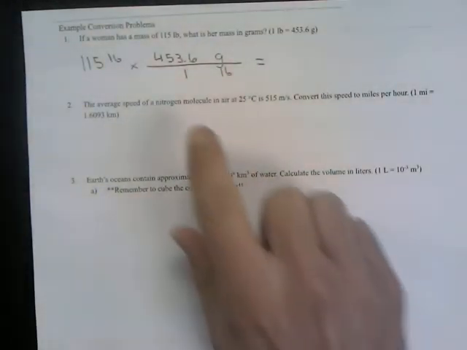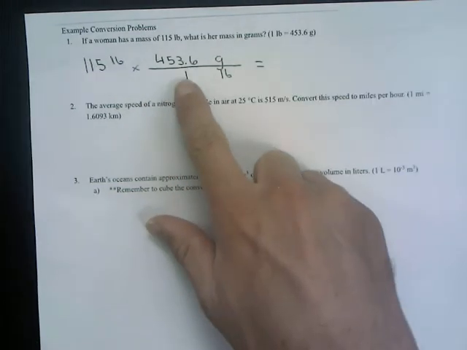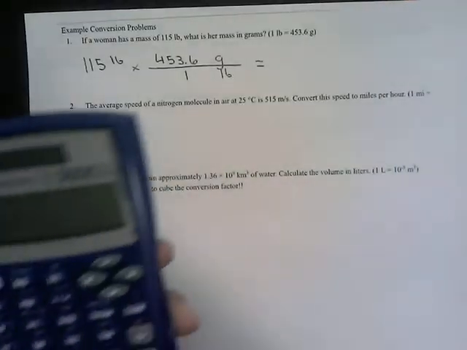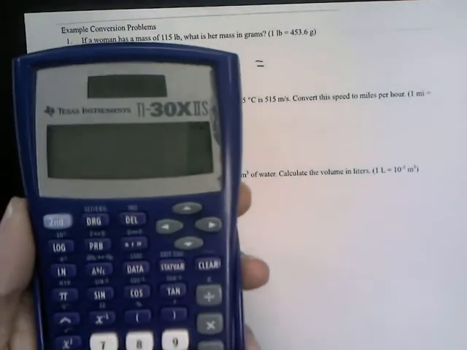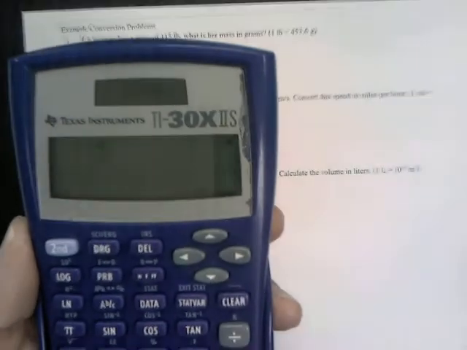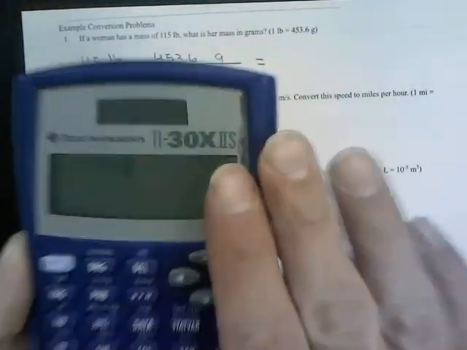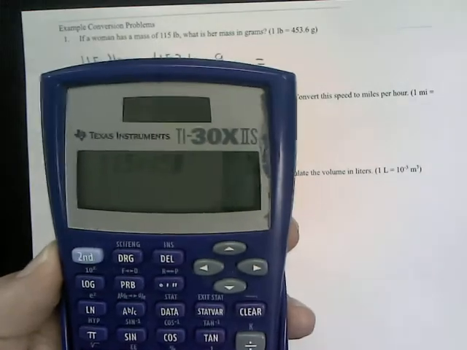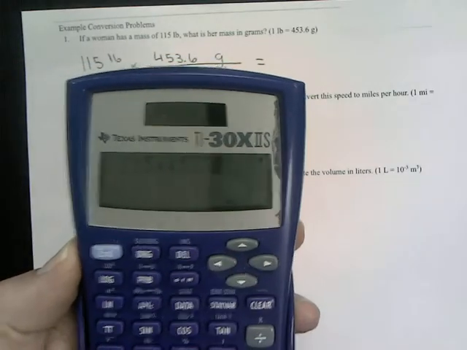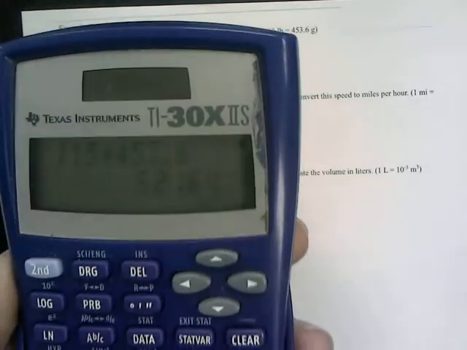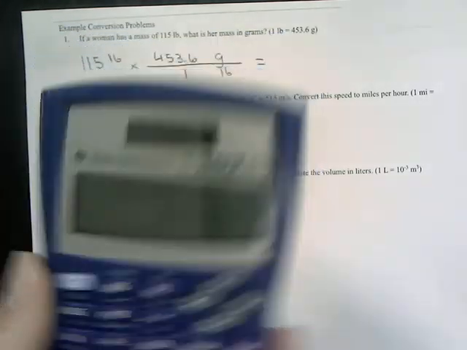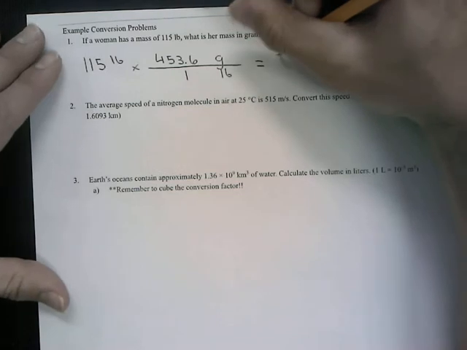We're going to take 115 times 453.6, all divided by 1. In my calculator, I'm going to multiply this out, and this equals 52,164 grams.